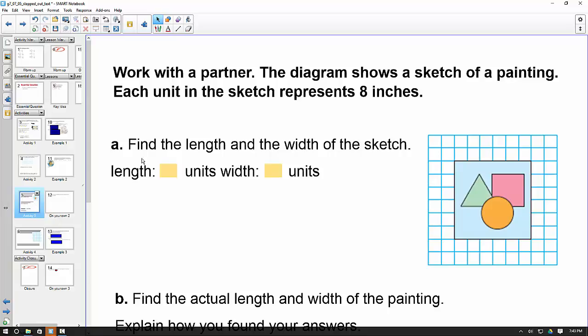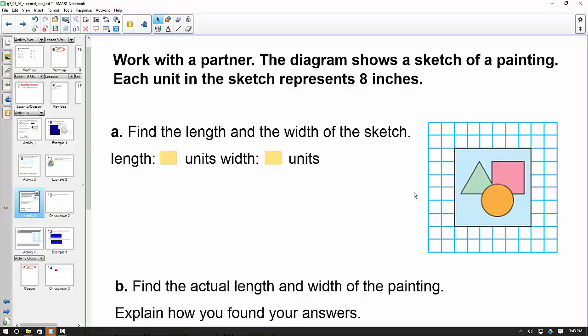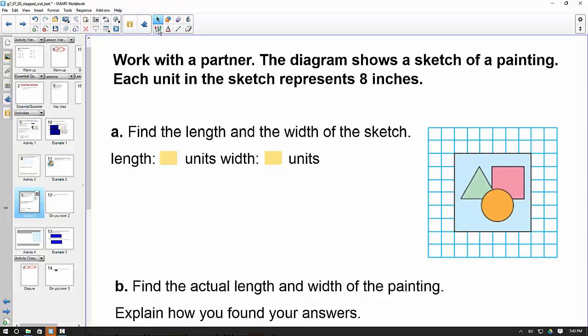So the next thing I want to do is take a look at a few other things here. It says the diagram shows a sketch and painting, and each unit represents 8 inches, right? So I have 1, 2, 3, 4, 5, 6 here. And this is 1, 2, 3, 4, 5, 6. Yeah, so 6 by 6.